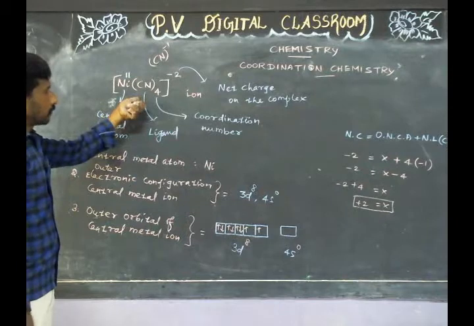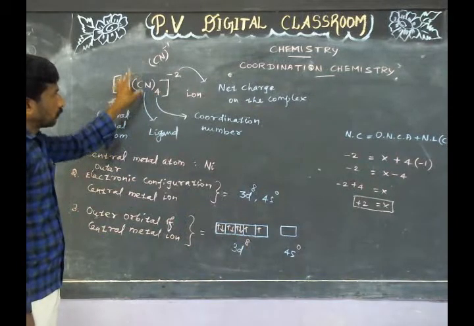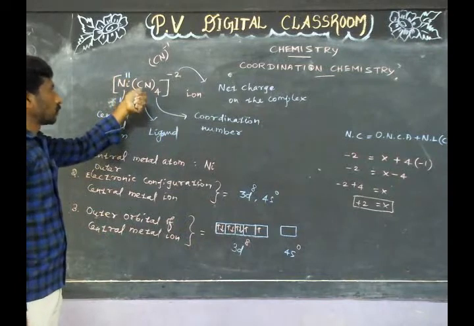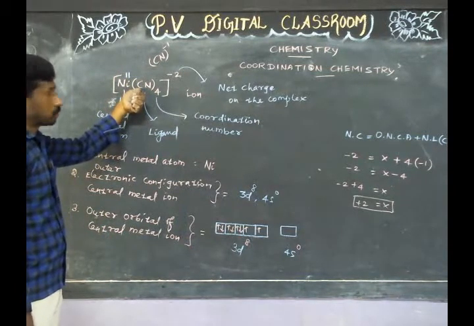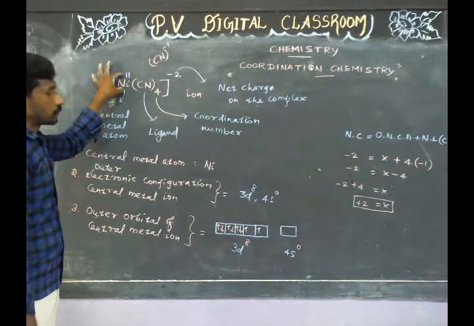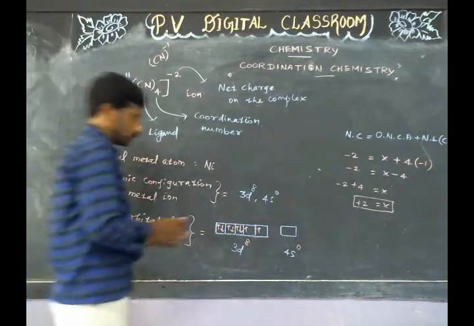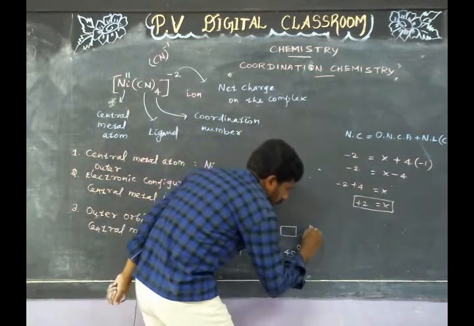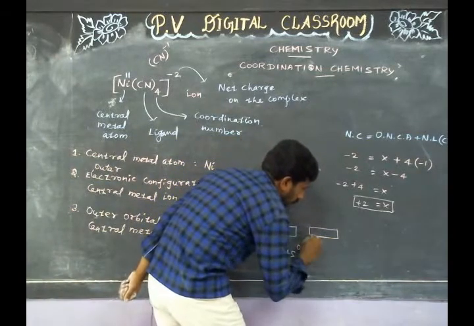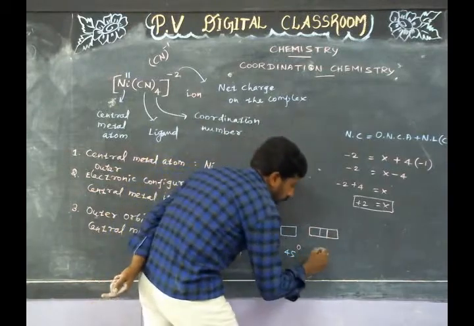In this complex ion, the coordination number is 4, so to accommodate 4 electron pairs donated by 4 CN- ligands, the central metal ion uses its 4p vacant orbitals along with 3d and 4s orbitals.